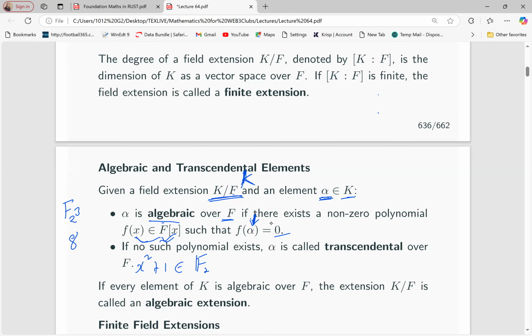Of course, this polynomial is a member of this field. So we say that alpha is algebraic over F if you can determine one polynomial inside this such that alpha would be a solution to that polynomial.